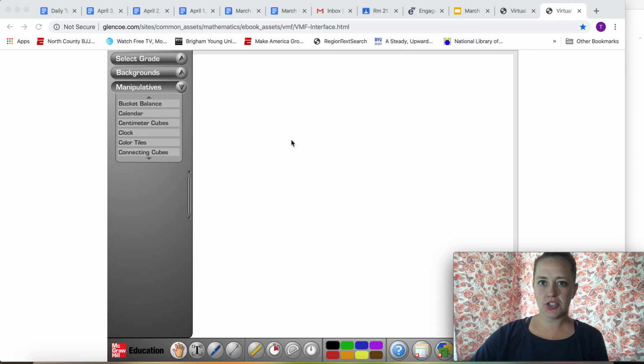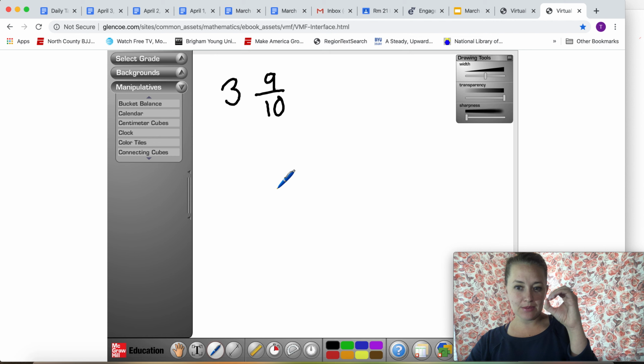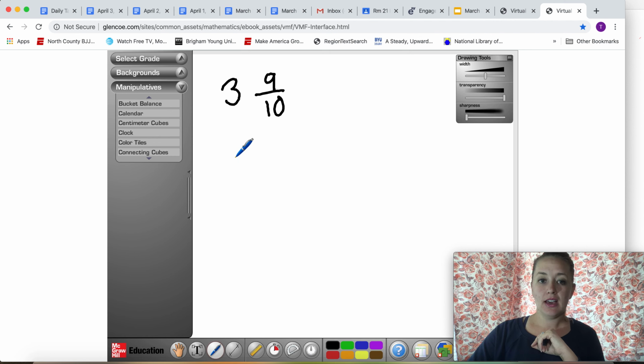So if I wanted to show 3 and 9/10, gotta use my writing tool, well, if I want to think about my number chips, I would have 3 in the ones place.